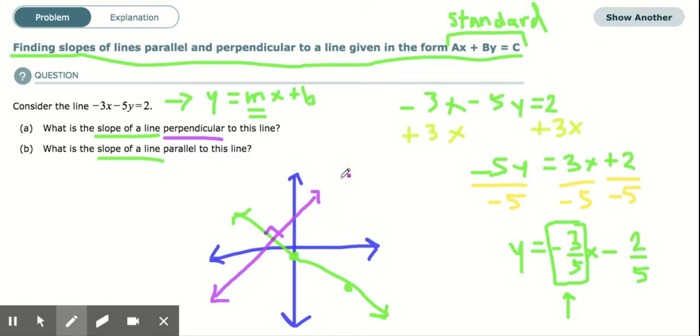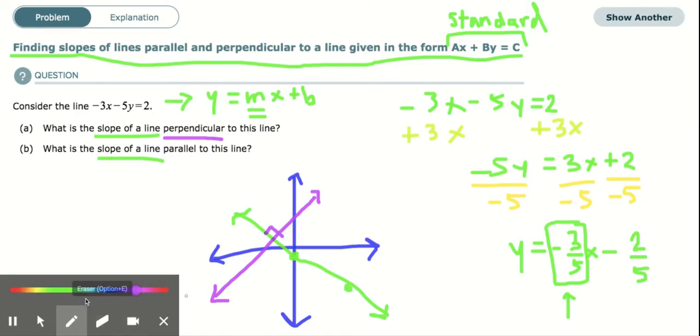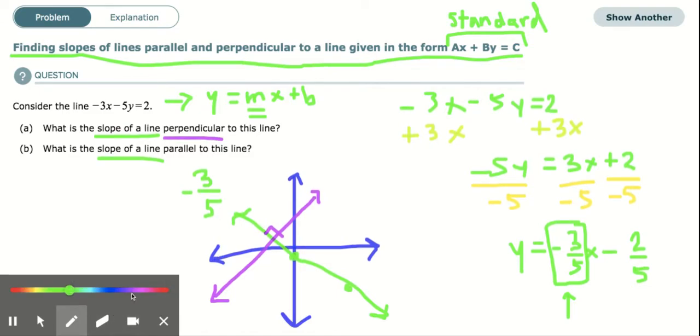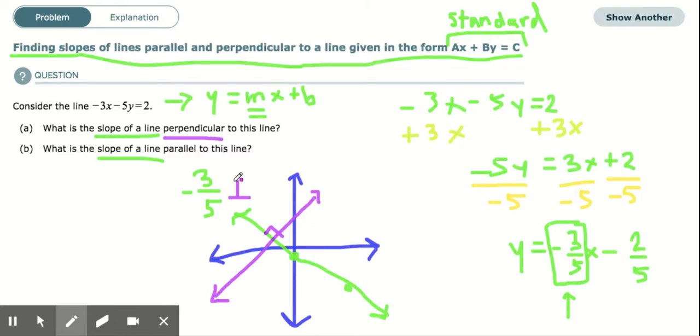The perpendicular line is positive, first of all, because as you can see, if this is a negative slope, this is a positive slope. And because it's intersecting at a 90-degree angle, you just flip the numerator and the denominator. So this sign means it's perpendicular to, and so it was negative, now it's positive 5 over 3. And since it's positive, you don't even need to write the positive.